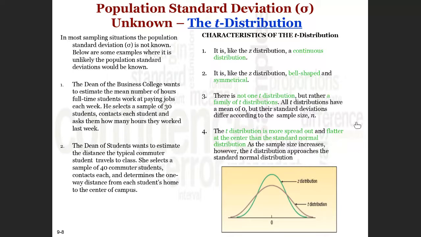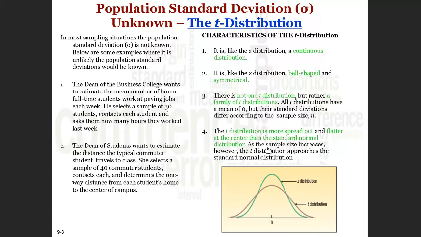Okay, so this is important. In the z, the mean is always 0, and the standard deviation is always 1. In a t distribution, the mean is 0, but the standard deviations can differ. Okay? Right, got it. Thank you. And the fourth item, the t-distribution is more spread out and flatter at the center than the standard normal distribution.